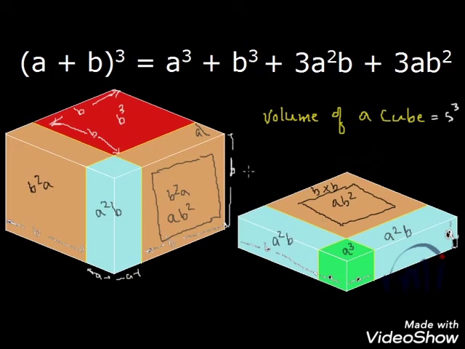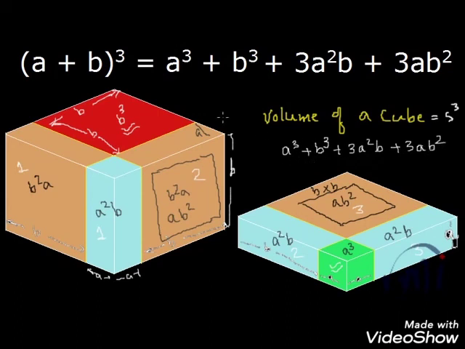And now if I talk about the total volume of these two slabs together, let me write over here, there is one A cube, this one, and then there is one B cube, this one, so plus B cube, and then we have 1, 2 and 3 A square B's, so this will be plus 3 A square B, and we have 1, 2 and 3 AB square, so this will be plus 3 AB square, right?